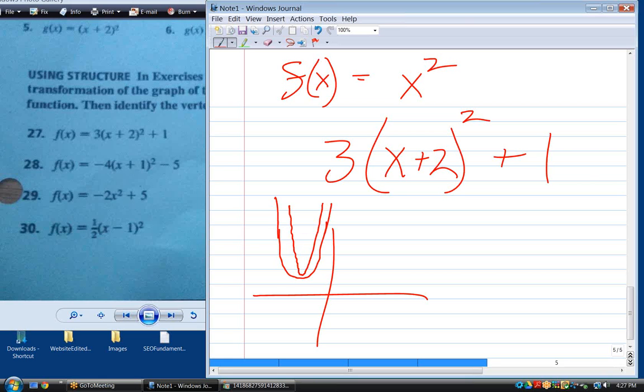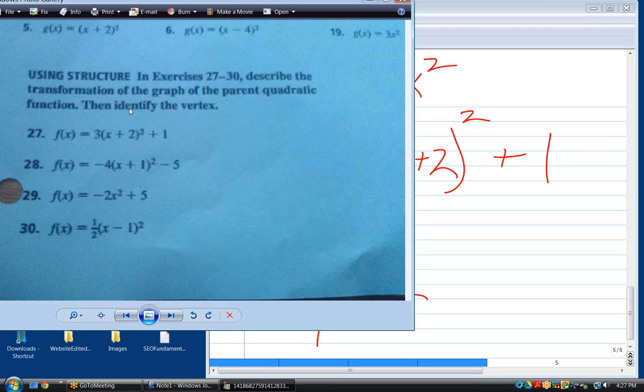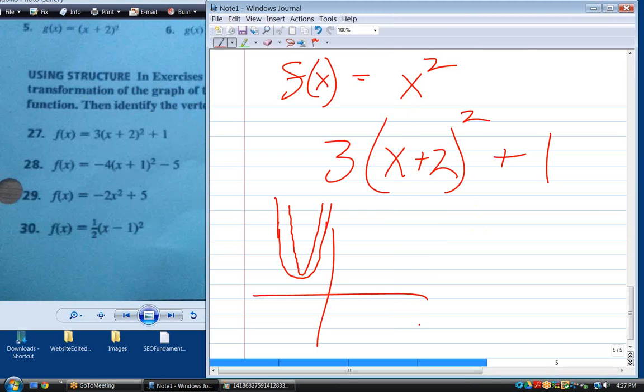Okay, so those are the only three things it's doing. Now, it also says, describe the transformation and then identify the vertex. Where's the vertex? Is it just -2, +1? Yep. It's h and k, -2, +1.